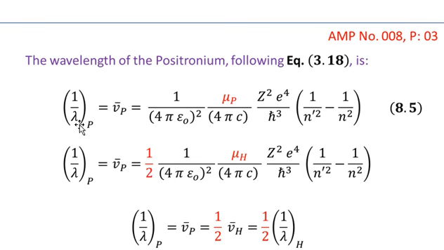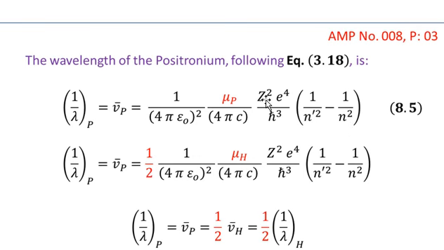So 1 over lambda with a subscript P is equal to nu bar, which is the wave number with the subscript P, is equal to 1 over 4 pi epsilon square times mu P over 4 pi c, and then the other terms are Z square e4 divided by h cube, and then in the parentheses we have 1 over n prime square minus 1 over n square. That is, the transition is being made from the quantum state n to the quantum state n prime.